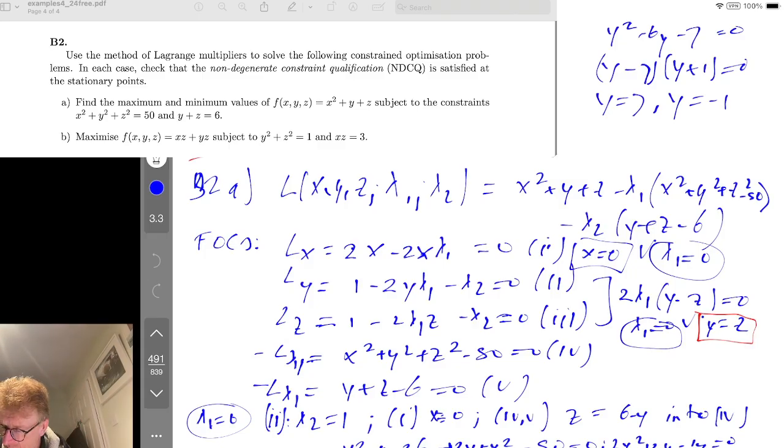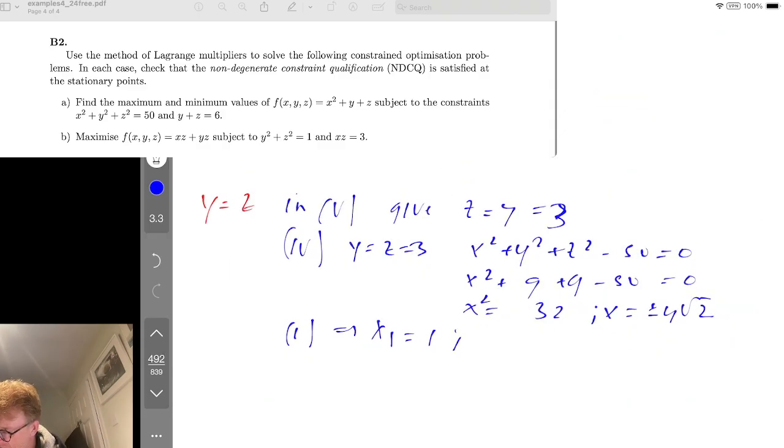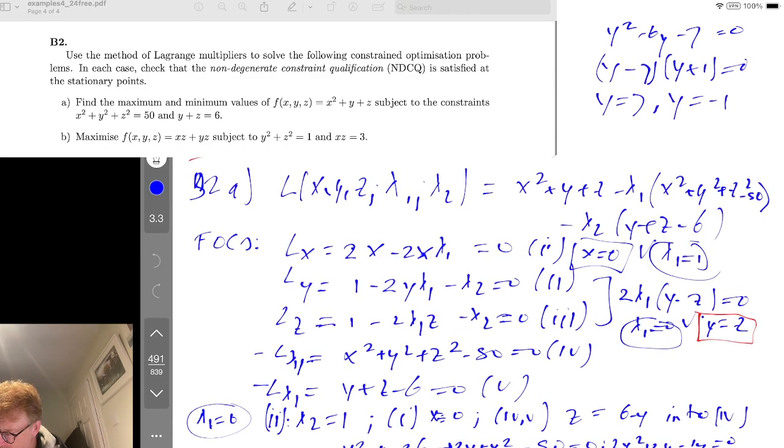This one gives us lambda 1 is 1, x is 0. Then from lambda 1 we get lambda 2: lambda 1 is 1, this is 3, so that's 1 minus 6 is minus 5, so lambda 2 is minus 5.